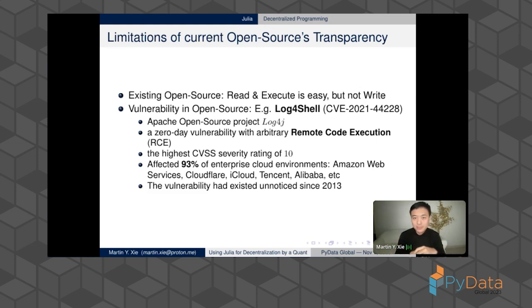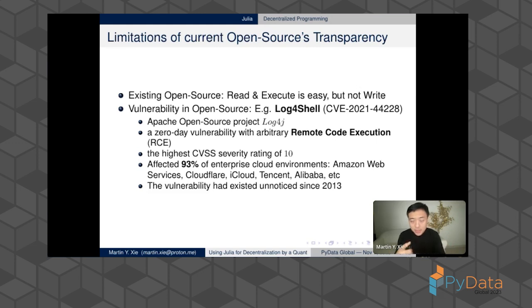It's definitely not easy. An example two years ago, in November 2021, called Log4Shell, a vulnerability in a very famous Apache open source project called Log4j, actually demonstrated why we need multiple dispatch.